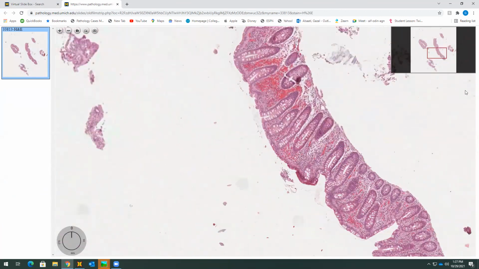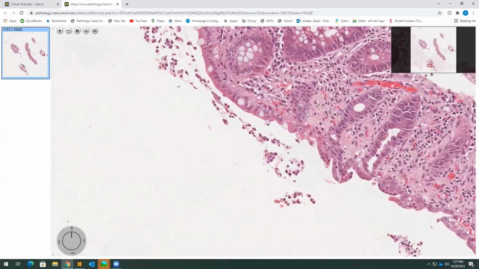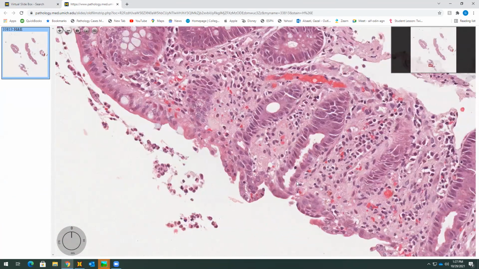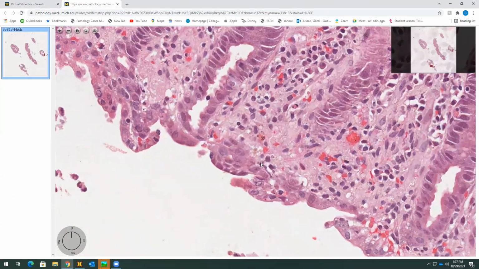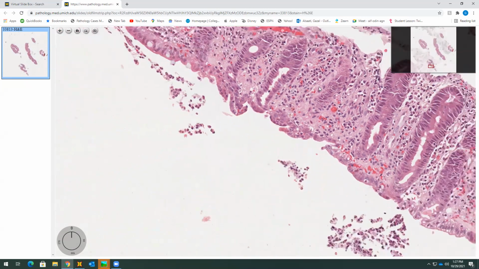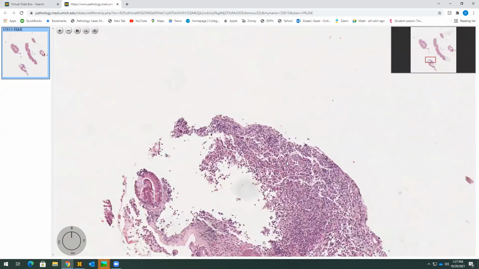In hemorrhagic enterocolitis, you will see hemosiderin more in the deep, okay? Like for instance, this area, see that? But everything that is bright red happened during the biopsy, okay? Just always keep that in mind.